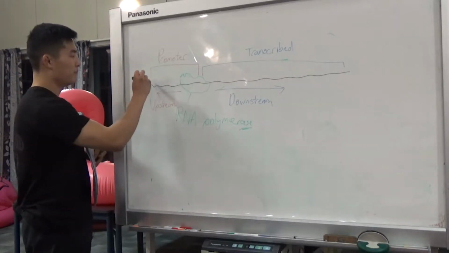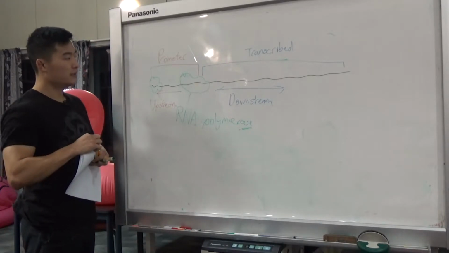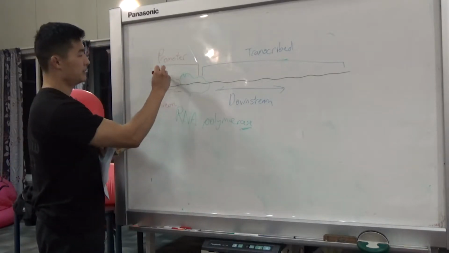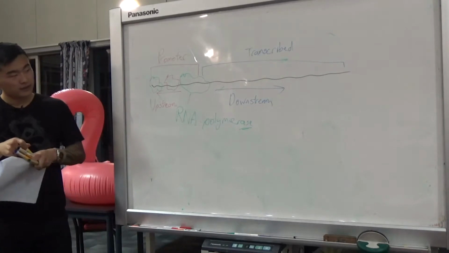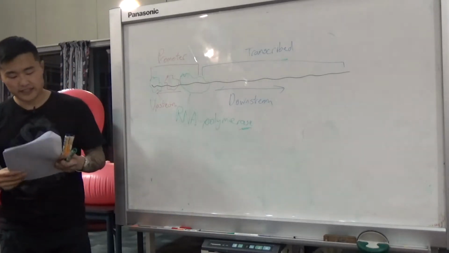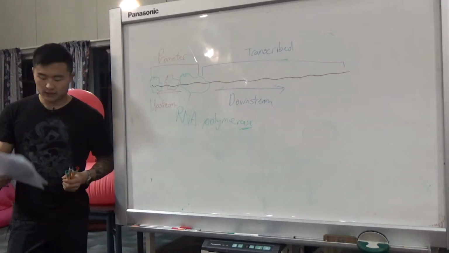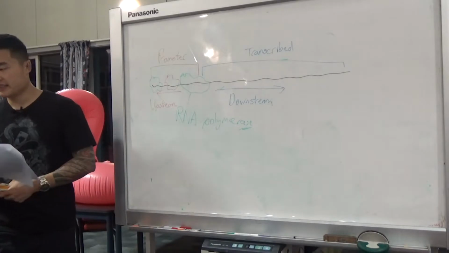You can have activators binding, or you could have repressors binding. Transcription activators will increase gene expression, while repressors decrease gene expression.